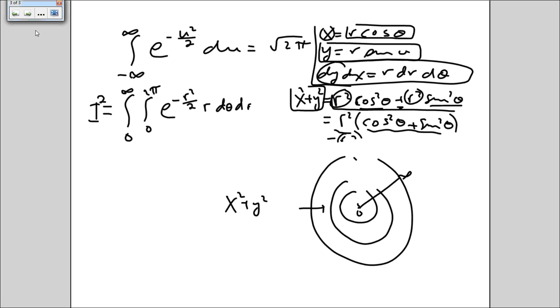That is why r goes from 0 to infinity. And if you want to cover everything, I'm giving you the answers why the limits are, you go from theta equals 0 all the way to theta equals 2 pi. Then you get the whole circle. That is why it's that.